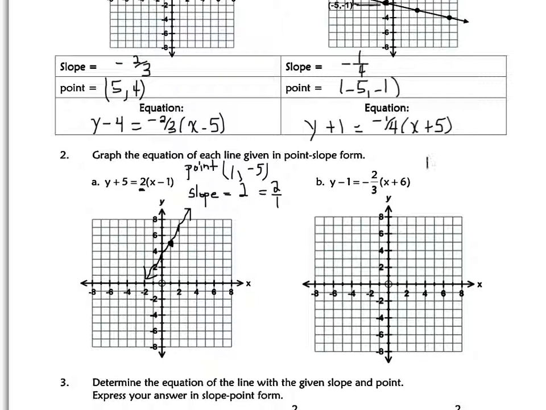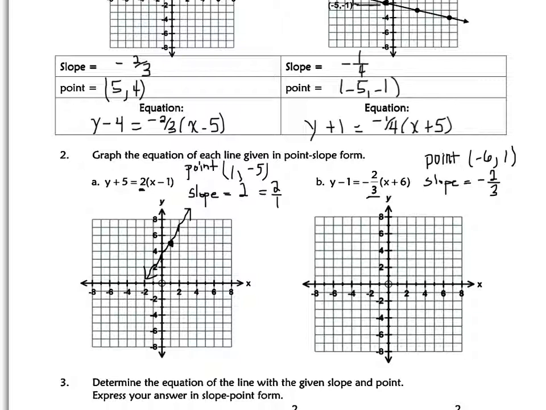And this one here, the point that we know is on this line would be, if it's x plus 6 in the equation, that means -6 must have been the x coordinate, and y minus 1 means 1 would be the y coordinate. The slope can be read directly off the equation by looking at the number in front of the x side, and this would be -2/3.